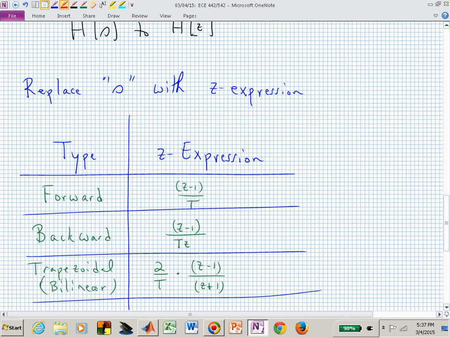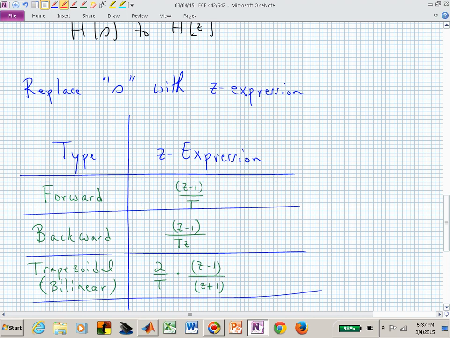The forward, and this was all based on trying to approximate the area in this little sliver when we were doing a numerical integration of, let's say, x of t, finding the area underneath this x of t curve. We used that picture to derive this forward approximation, which is starting at time little n minus 1 and looking forward.